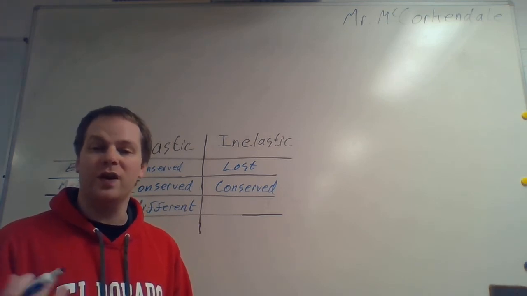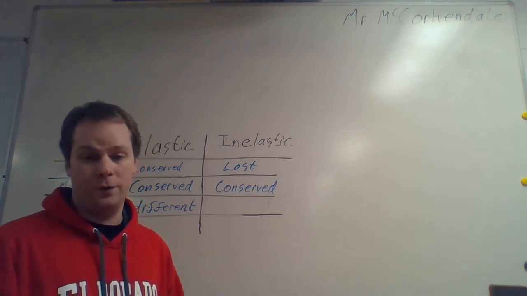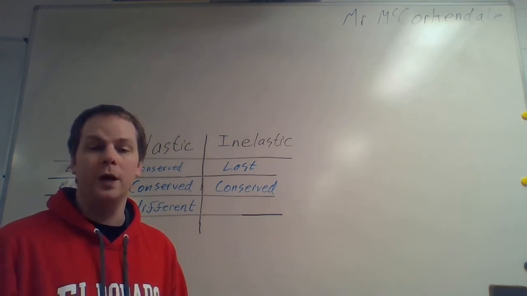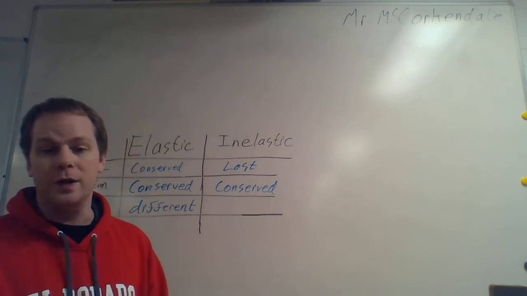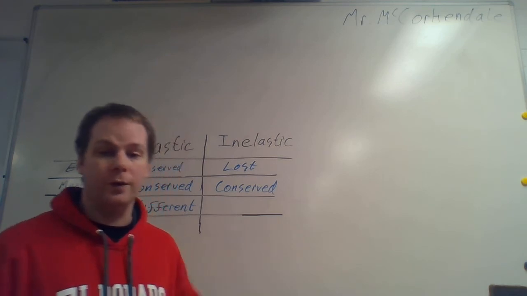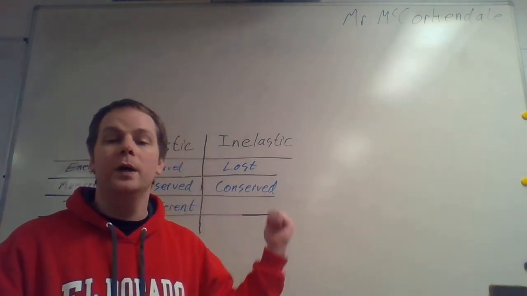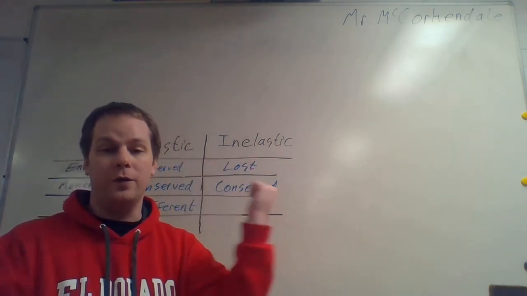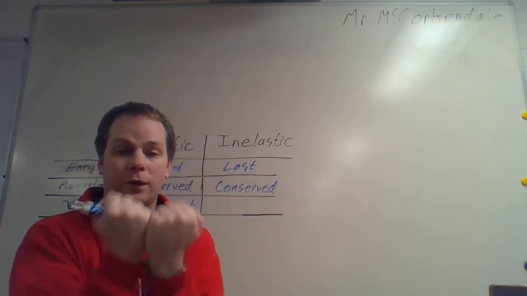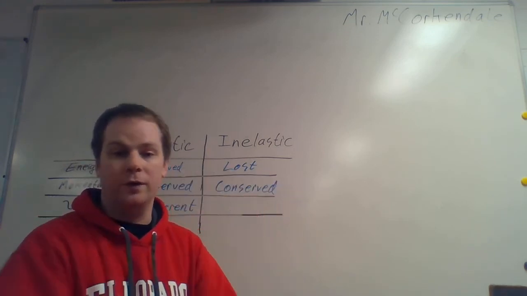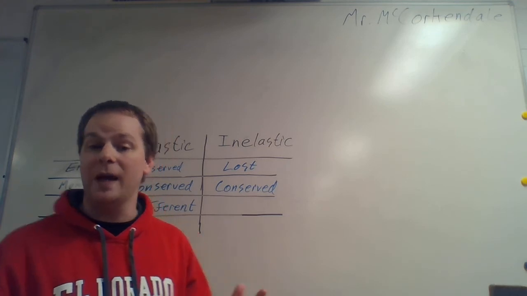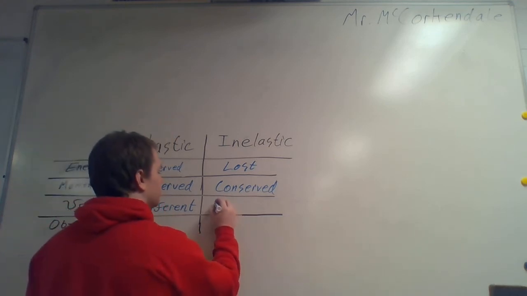They stick together. That's one of the indicators of an inelastic collision. In an elastic collision, the objects rebound off of each other. They hit and bounce off. In an inelastic collision, they hit and stick together and either stop or move off in the same direction together. In either case, they have the same final velocity.